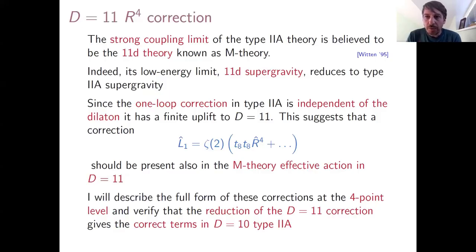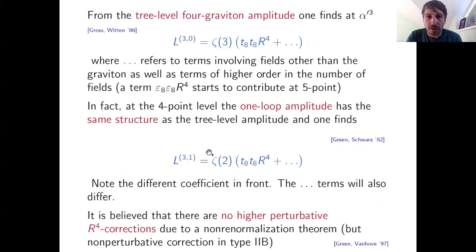But this suggests that there should be a correction in M theory, which has a similar form, which is essentially the uplift of this correction. So I will put a hat on everything that's in 11 dimensions just to distinguish it from 10 dimensions. L1 hat is the first correction in 11 dimensions. And the coefficient should be the same as the one-loop correction in type 2A.